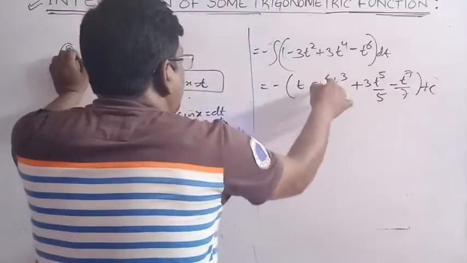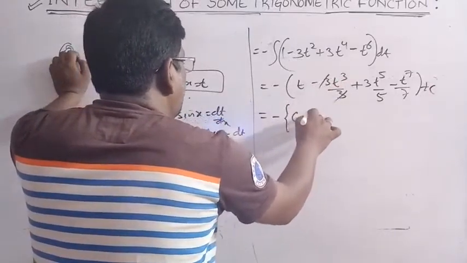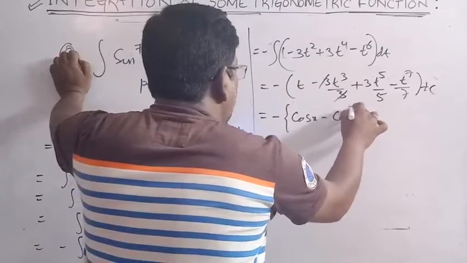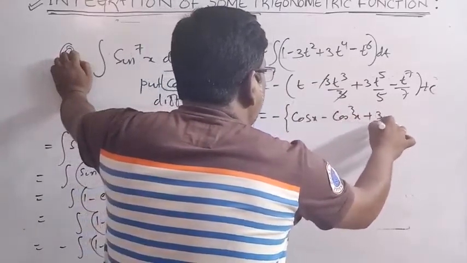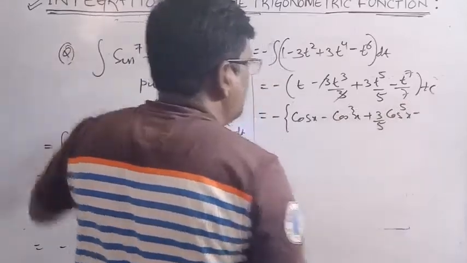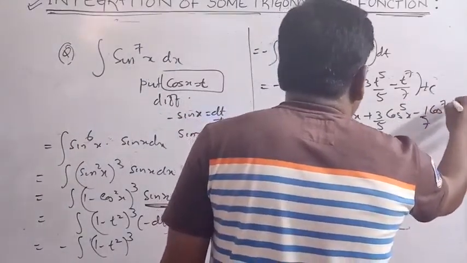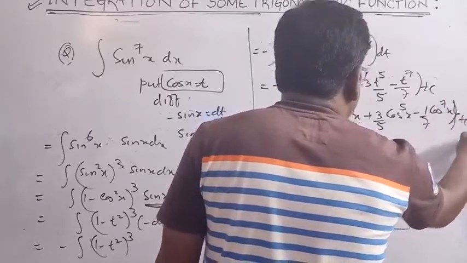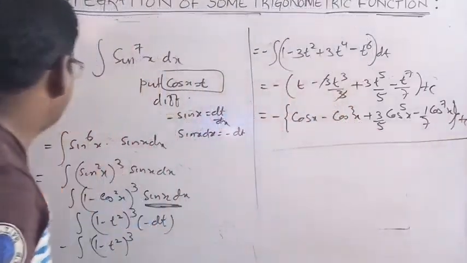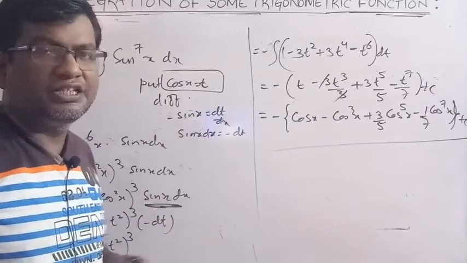So the 3 cancels here: minus of cos x minus cos cube x plus 3 by 5 cos fifth x minus 1 by 7 cos to the power 7 x, plus c. This is the solution of the integration of sin x to the power 7.